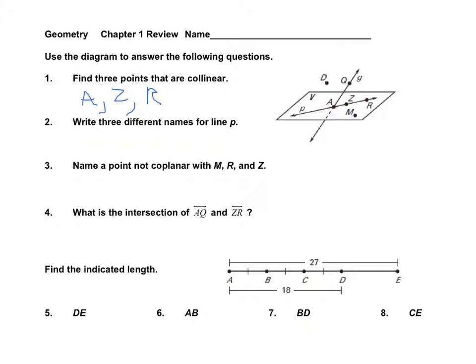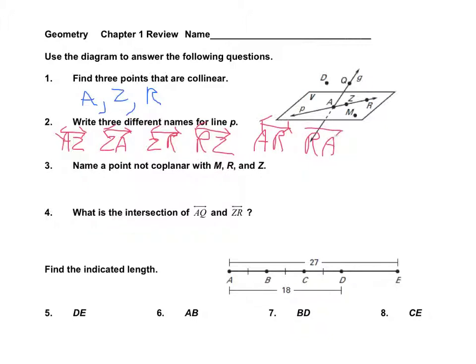So I could say AZ, ZA, ZR, and that's the exact same line, RZ. I could also say AR and RA. Any of those are actually referring to the exact same line.